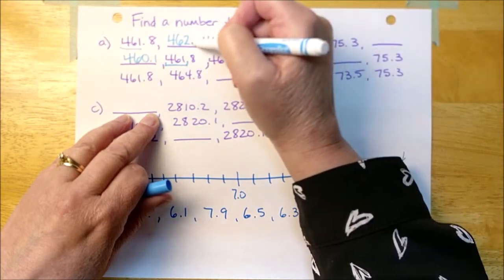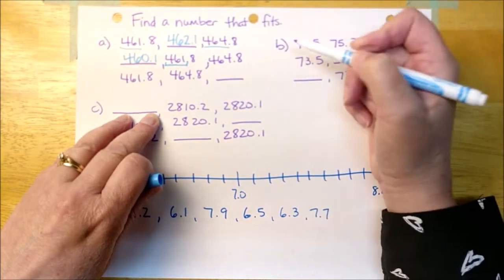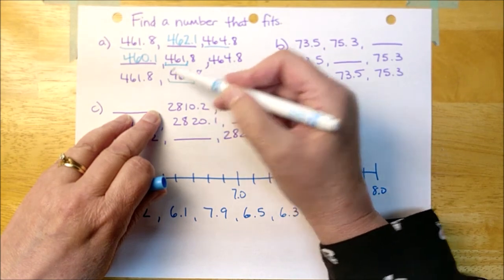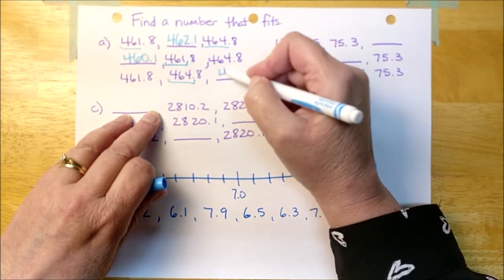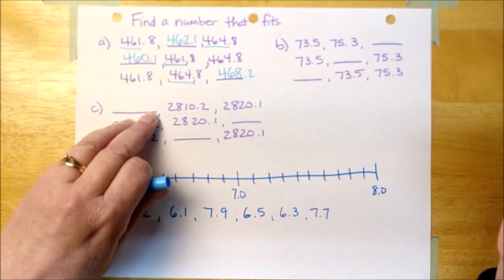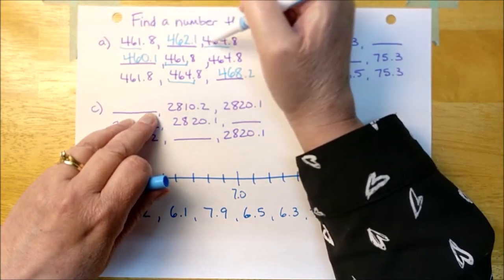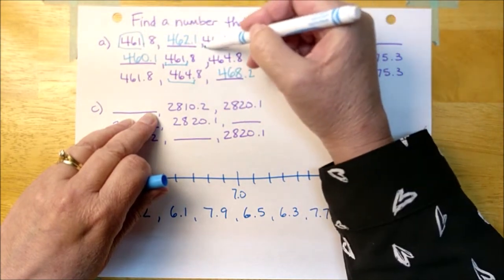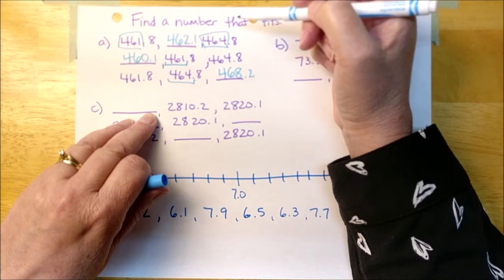I could put a decimal here too, and 1/10. A number that is larger than 464 would be 468 and 2/10. So here you could have had a variety of numbers. Just remember, it has to come between 461 and 464.